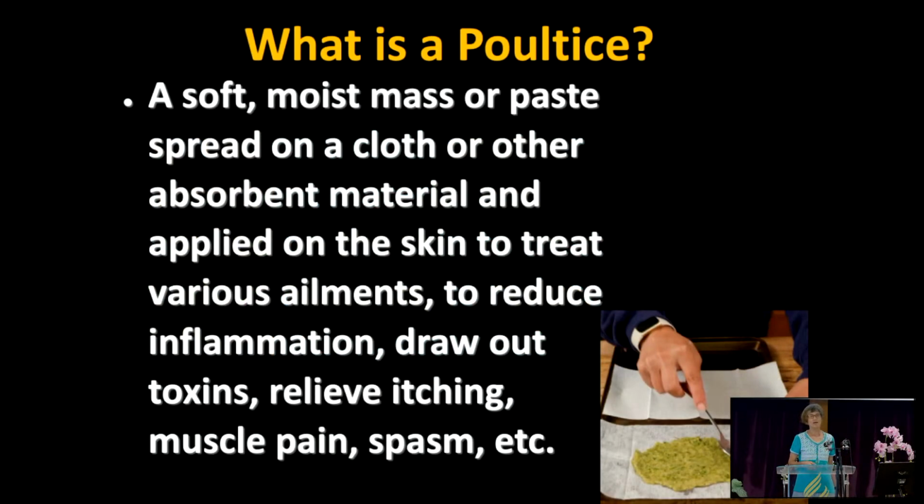Okay, what is a poultice? A poultice is like a paste, something soft and moist that you spread on a cloth or on a paper towel or some other absorbent material, and then you apply it to a person where there is need of the application, whether there's a wound or some other problem.